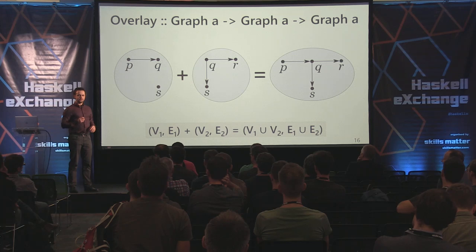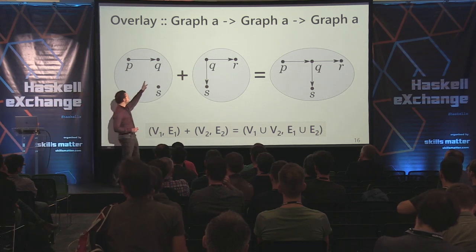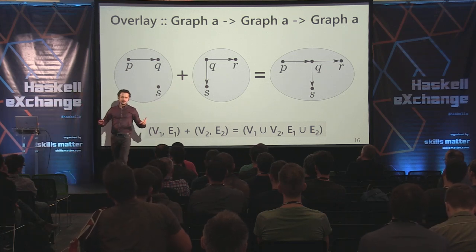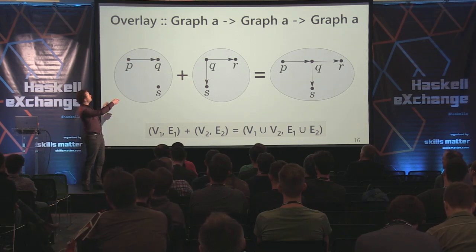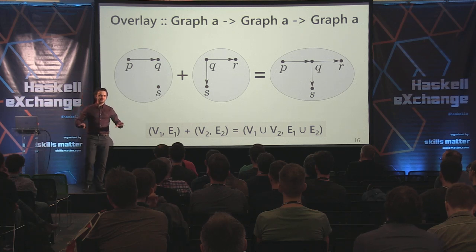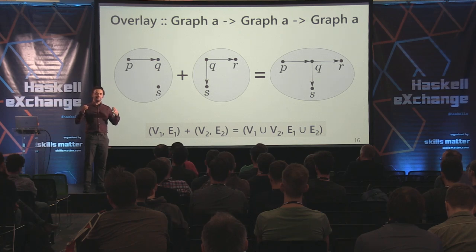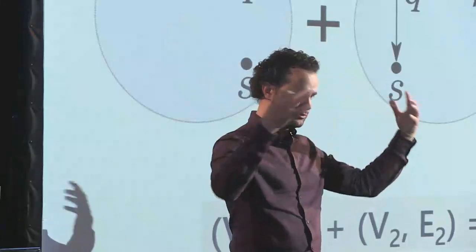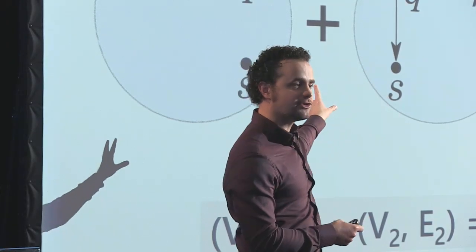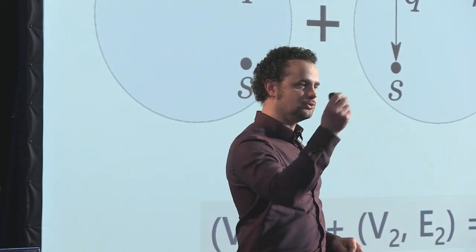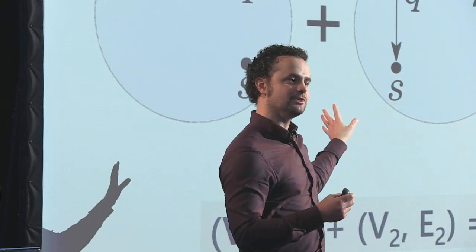So yeah, let me repeat the question. How do we know that these labels are the same, really? So we don't have to know. In the way we describe it, this is just a constructor. We can combine two expressions, and we don't necessarily need to know that they have some vertices that have the same labels. But as soon as we start doing anything with these expressions, for example, if you want to draw a diagram of a graph, you will actually require this Eq instance on the labels.